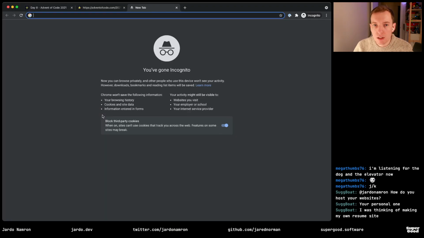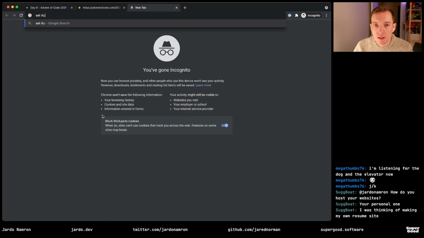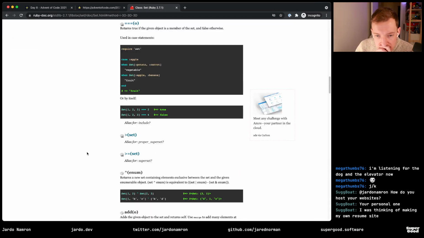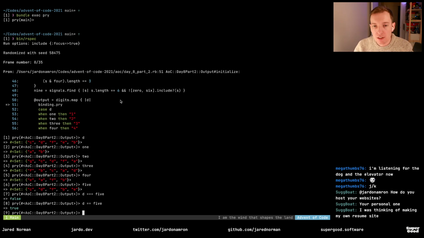Well, let's learn something new today. Set Ruby. How does set triple equals work? Aha. That is not useful to us. Not at all.